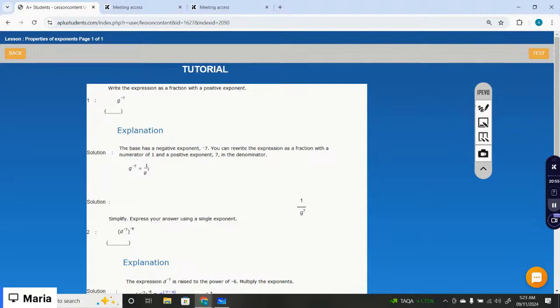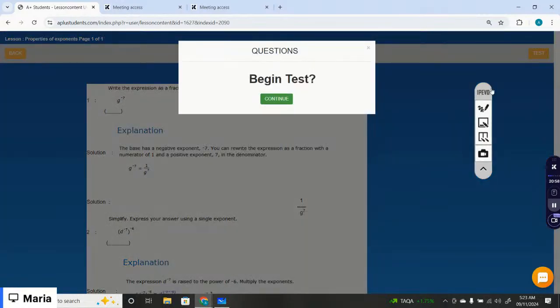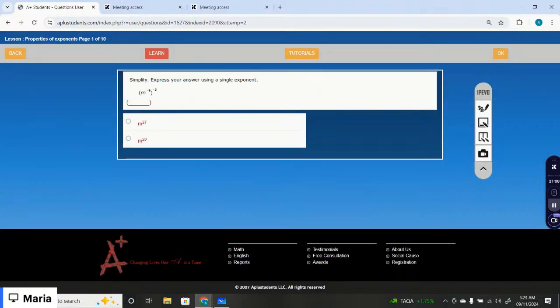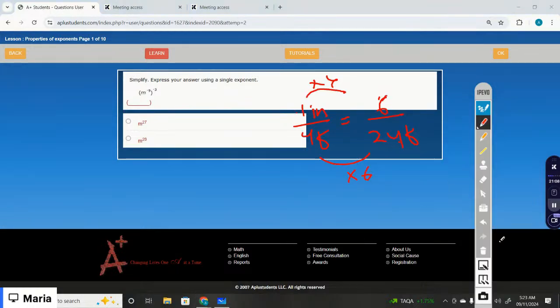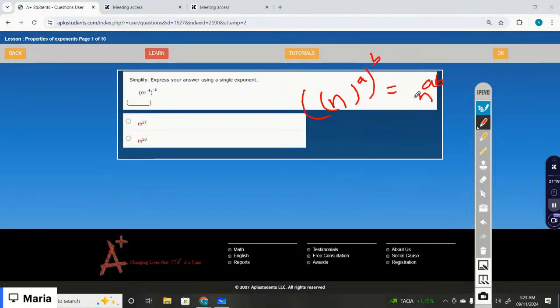Let's just start with the test questions. That is m exponent negative 9, exponent negative 3. So basically here you have to apply the power rule of the exponent. For example, you have a exponent b, exponent n. So you can write it as a exponent ab n. So you have to multiply both the exponents. So that would be m, negative 9 times negative 3.